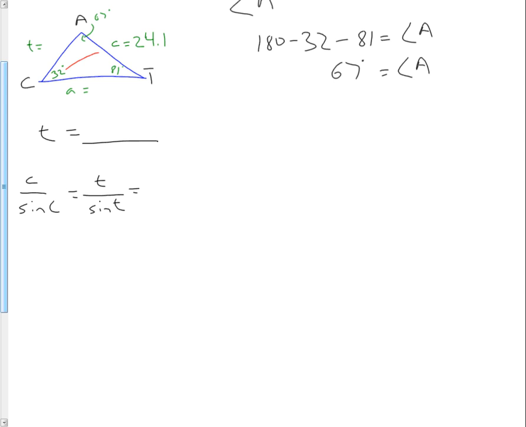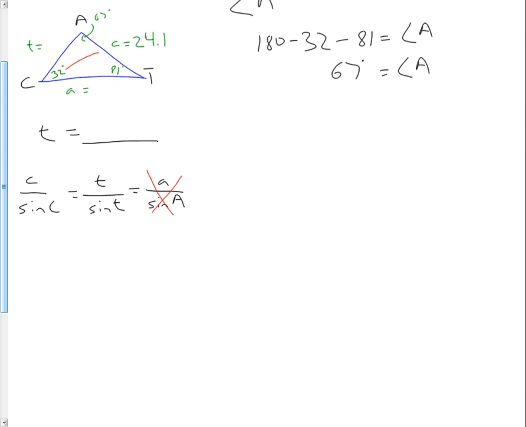It's also true that A over sine A is equal to them, but right now we're not interested in sine A, and that part is incomplete because we don't know the value of A. So we're not going to make use of this part of the sine law for this triangle.